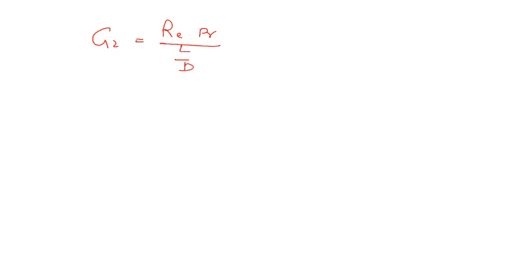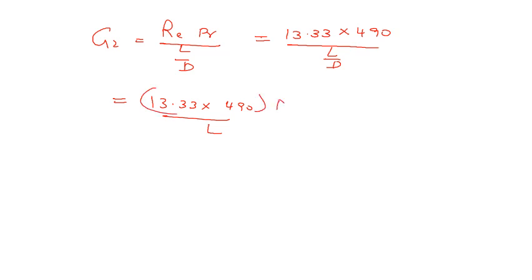So that is equal to 13.33 into 490, the Prandtl number, divided by L by D. If I use the diameter and take the denominator D to the numerator, then I'll get the value as 163.3 divided by L.